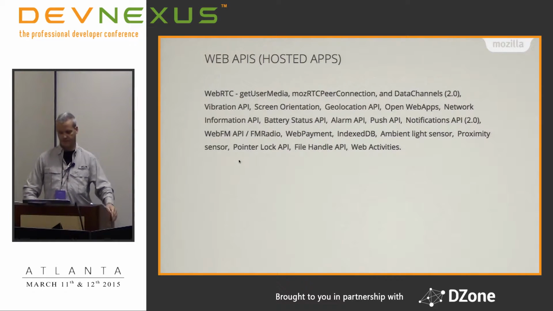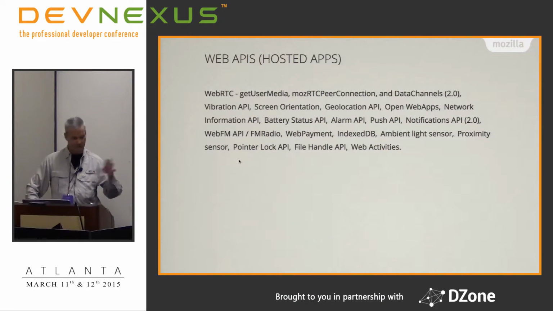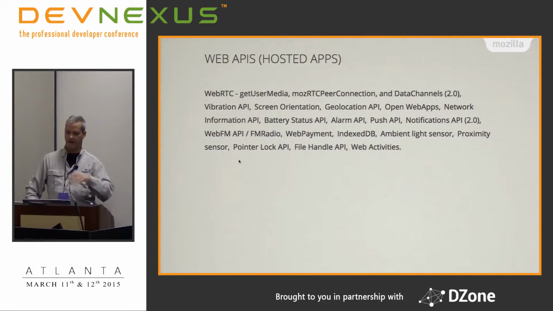So all 3 APIs for that are available. We have vibration, screen orientation, geolocation, battery status, things like that. Some you'll use, like the ambient light sensor or the proximity sensor. Those are both APIs for the hardware in the phone that can be used in your apps.